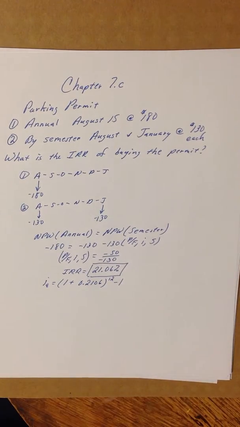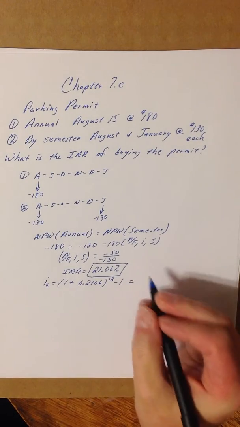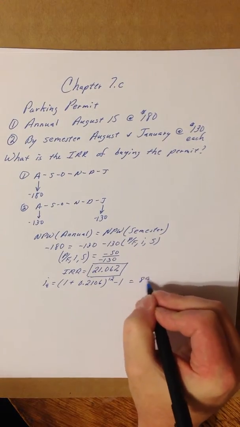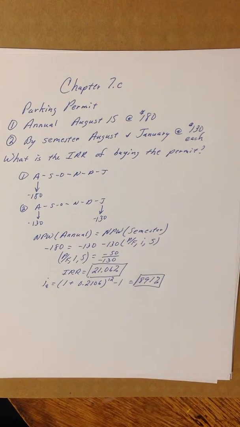The formula would be to raise it to the 12th power, and we would finally come up with something like an 891% effective rate. Rather large for financing, isn't it? Almost what a loan shark would charge you.